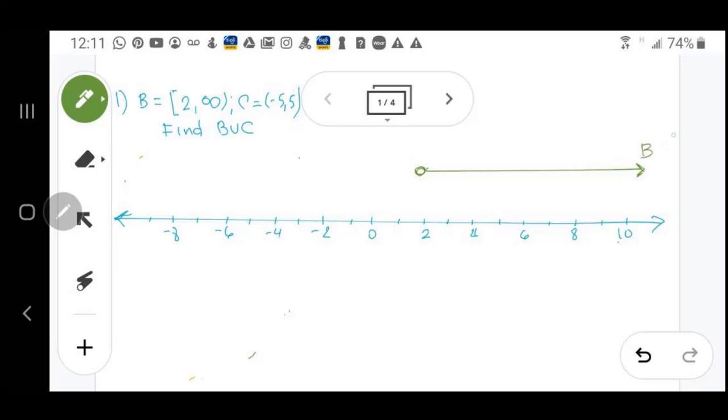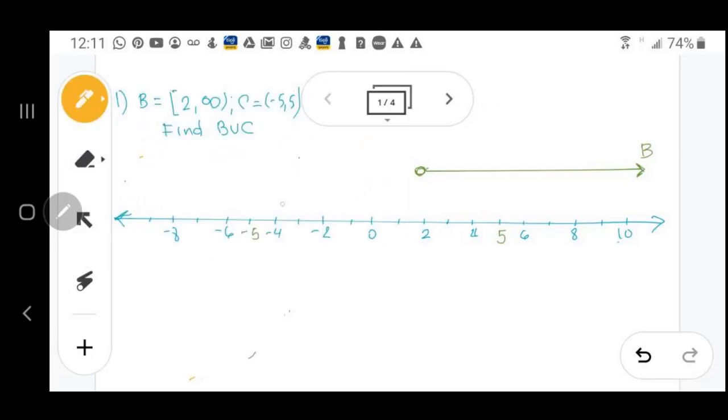Now let me graph the interval C. The interval C is the one that goes from -5, let me locate -5, up to 5. That is over here. So a little bit below, and let me switch color.